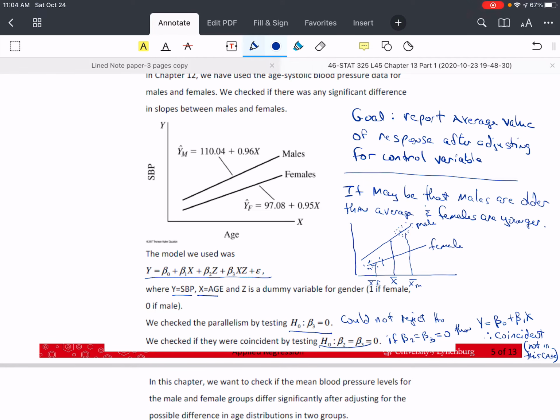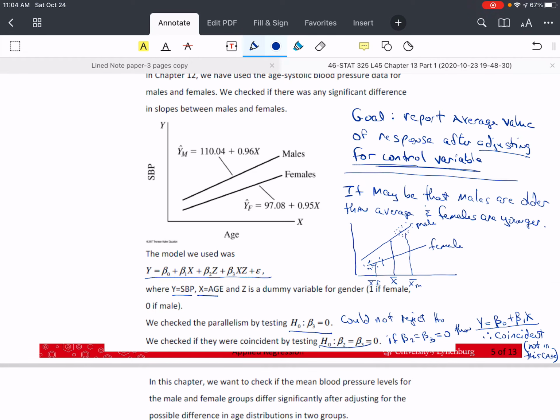And of course, if they were coincident, then we would have this as our equation. But that was not the case here. Okay, so the goal here is to report the average value of response after adjusting for a control variable.